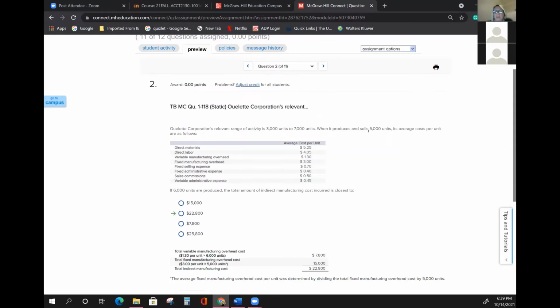So it's given us a list of what the costs are based on 5,000 units. You have to keep that in mind when you're doing your calculation. It says if 6,000 units are produced, the total amount of indirect manufacturing costs incurred is closest to. So it's not asking for the exact, it's asking closest to.